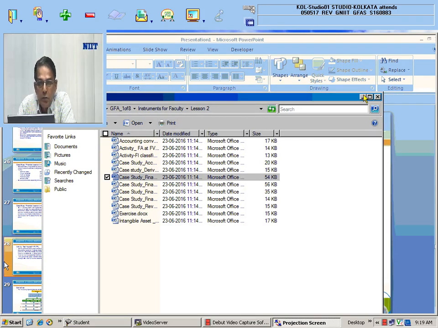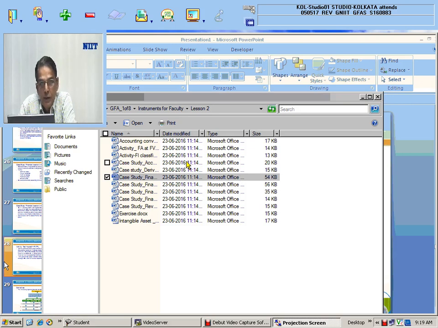Anybody else would like to say something different, or do all of you agree that it should be expensed to the profit and loss account? For financial assets measured at fair value through profit and loss, what will be the treatment for the transaction cost? Should it be capitalized, that means added to the initial measurement of the asset, or should it be charged to the profit and loss account in that year?